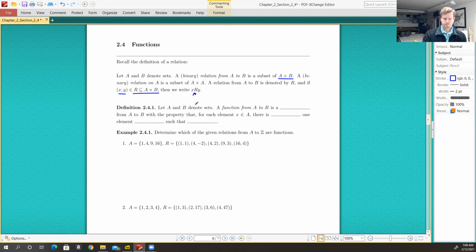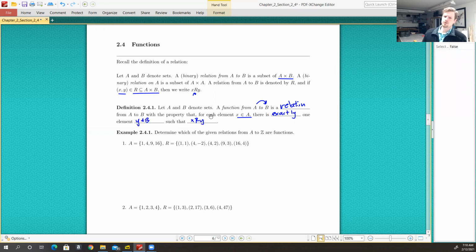All right. So a function is a relation. A function from A to B is a relation from A to B with a particular property. And what property is that? Well, for each element x in the set A, there is exactly one element y in B such that x is related to y.